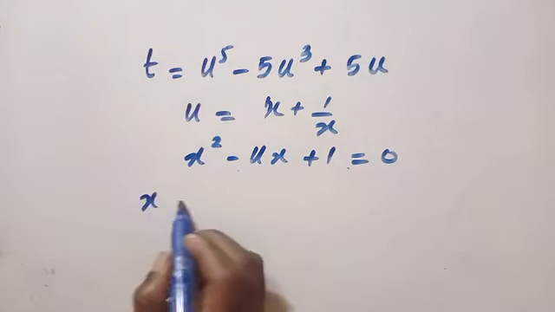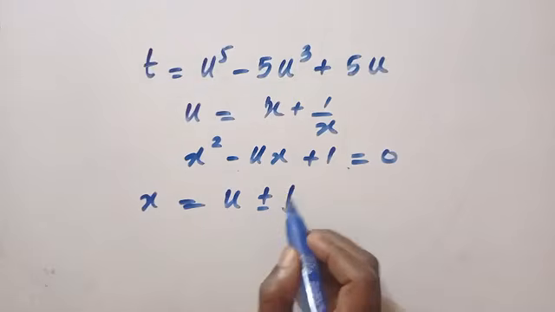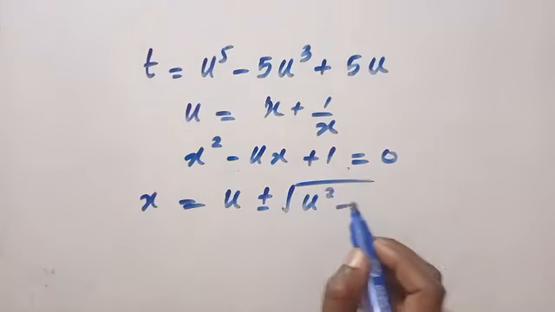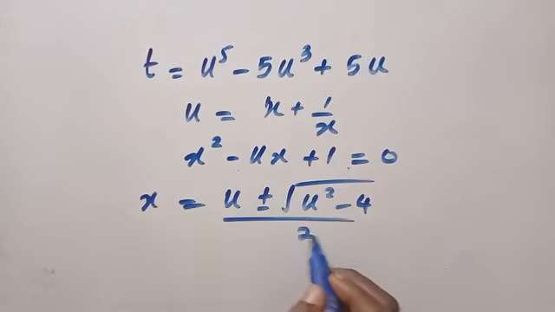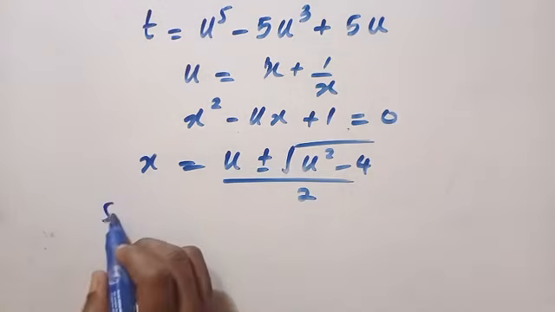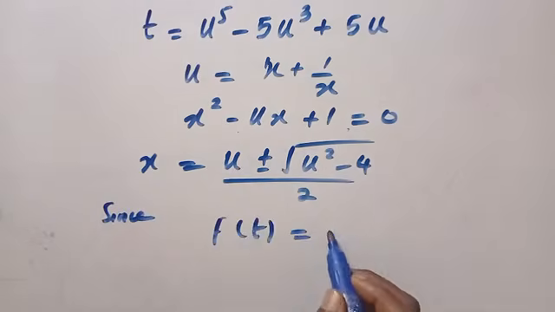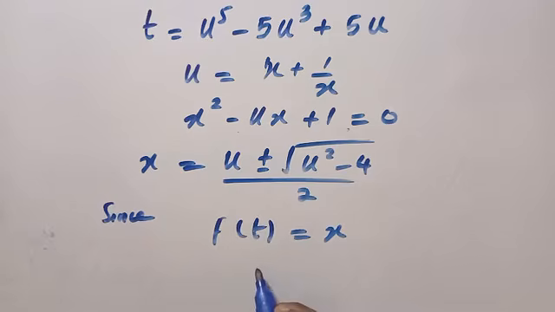Solving for x quadratically, we have x equals u plus or minus the square root of u squared minus 4, divided by 2. And again, from the beginning, f of t equals x.